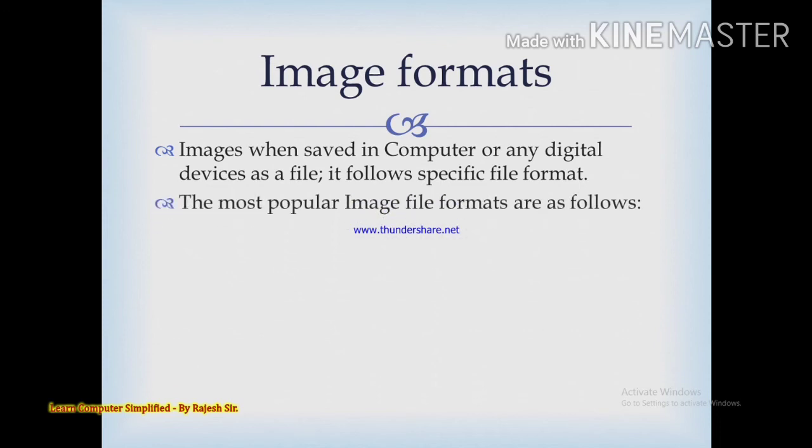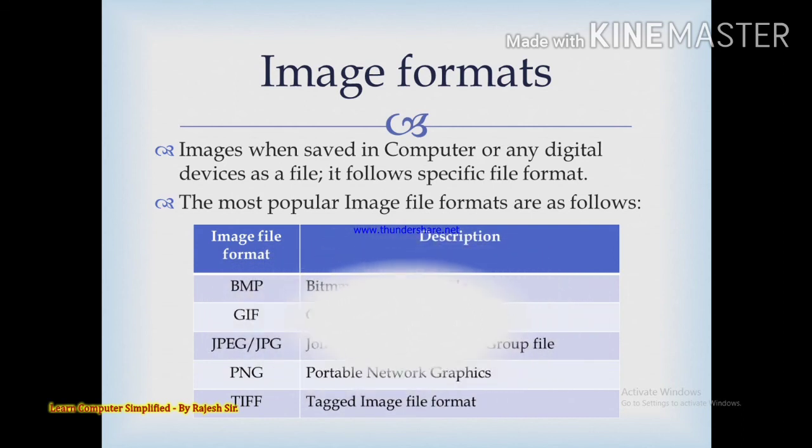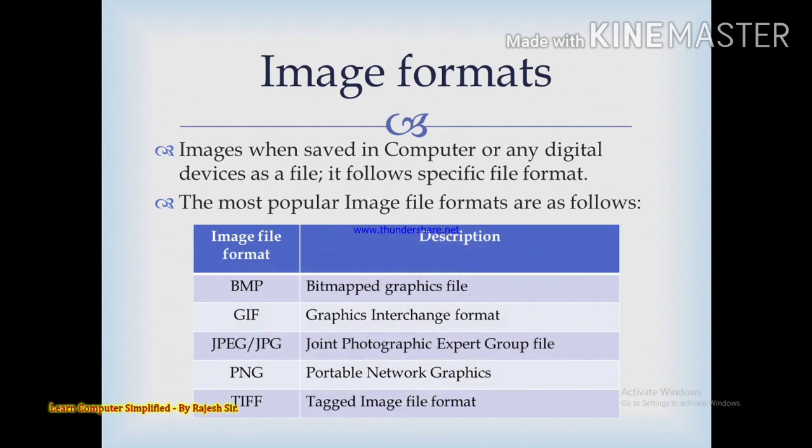The most popular image file formats are, you can see the table here, .bmp, that is bitmap graphics file, .gif, that is graphics interchange format, JPEG or JPG, that is joint photographic expert group, PNG, that is portable network graphics, TIFF, that is tagged image file format. Okay, so these are the popular file formats in which the images are stored in our digital devices.